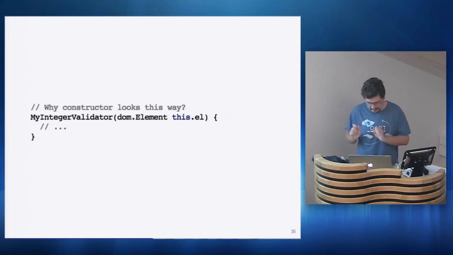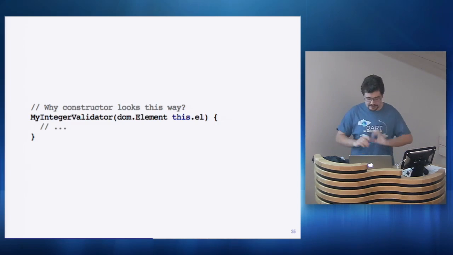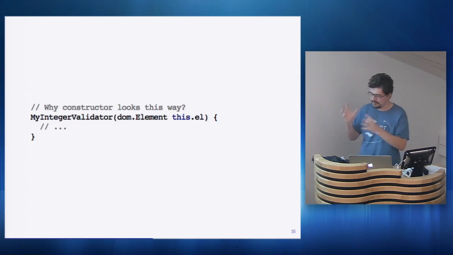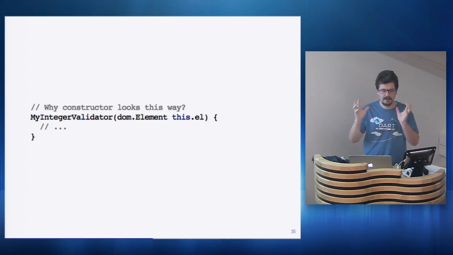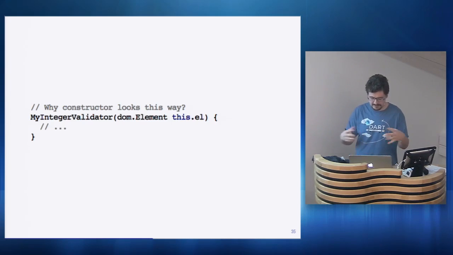In fact, if you remove the type, Angular.Dart will explode. The thing is that Angular.Dart is dependency injection-based. It uses your constructors as the declaration of what dependencies your directives, filters, whatever, have. So you can ask for various things, and you have to use the type there.